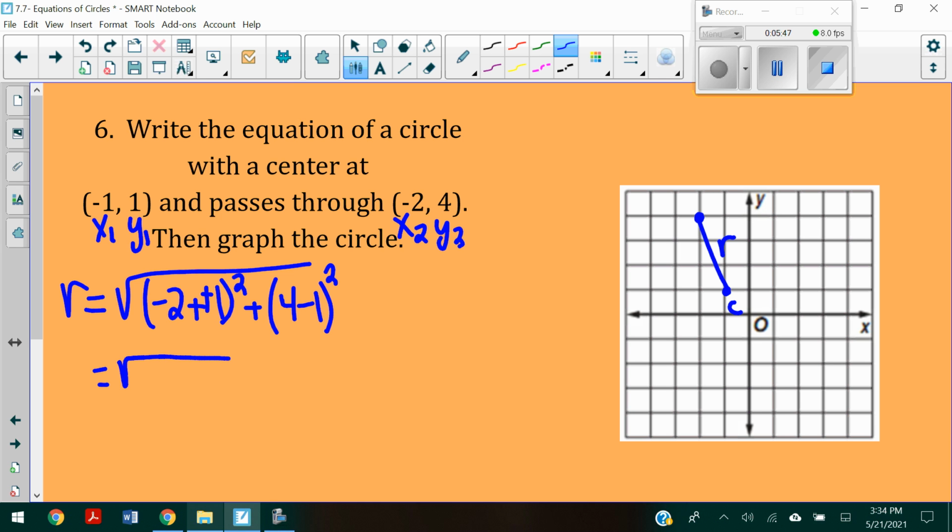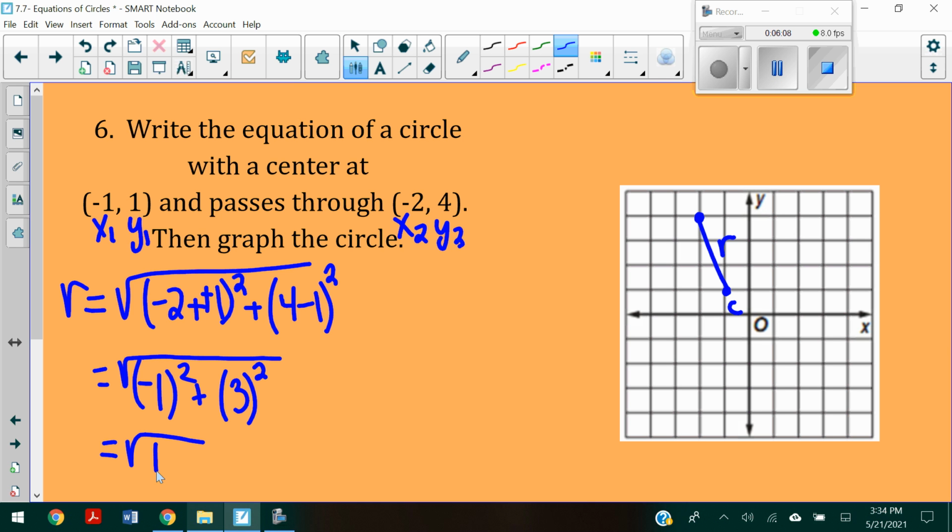So we're going to take the square root of negative 2 plus 1, that I can change into negative 1 squared, plus 4 minus 1 is 3, and we're going to square that. Negative 1 squared: negative 1 times negative 1 is a positive 1.